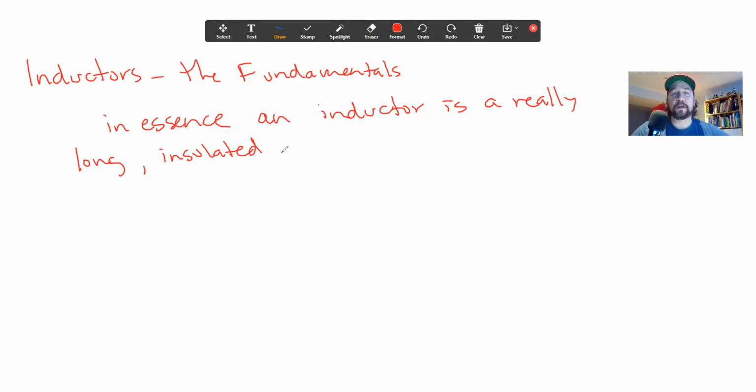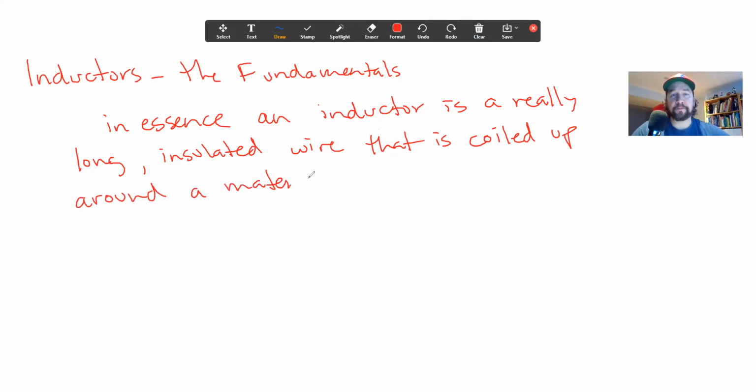So it's a really long insulated wire that is coiled up around a material. In essence, it looks something like this, where there's a material in the middle, going through the coils.